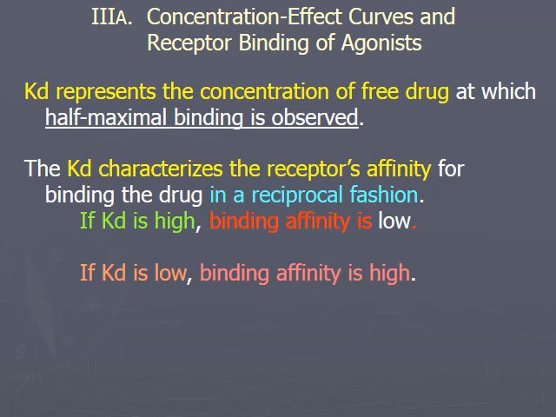If Kd is low, then the drug binds very tightly to the receptor. I don't need a lot of drug to bind tightly; half the receptors are bound at a low drug concentration. So Kd talks to you about how tightly the drug binds, and that's called affinity. EC50 tells you about potency, Kd tells you about affinity.